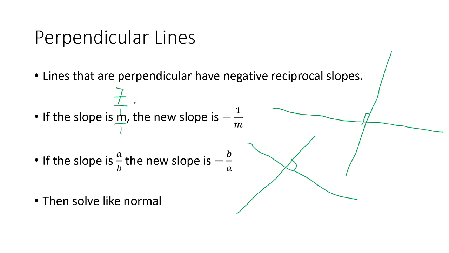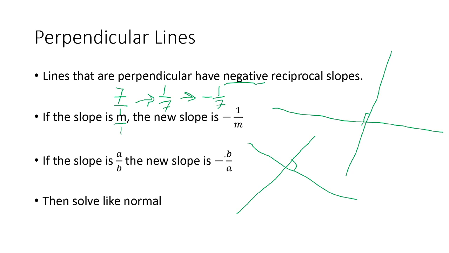So 7 over 1 turns into 1 over 7. That's the reciprocal. From the reciprocal, we also have to make it negative. So our final answer is going to be negative 1 over 7. And that is as simple as it gets.